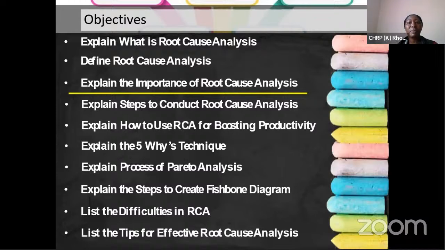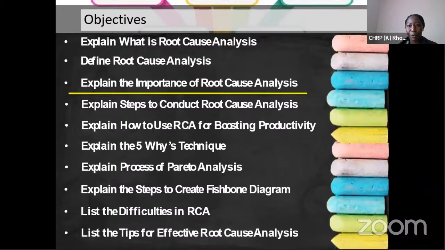If we cannot eliminate it, we get to a viable solution. And I think you'll see that definition also relating to Pareto analysis, where we'll see that the majority of our problems are caused by very small elements, like 20%, but they cause a huge impact, like 80%.